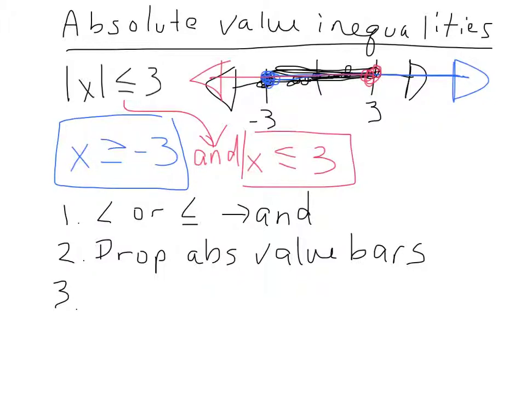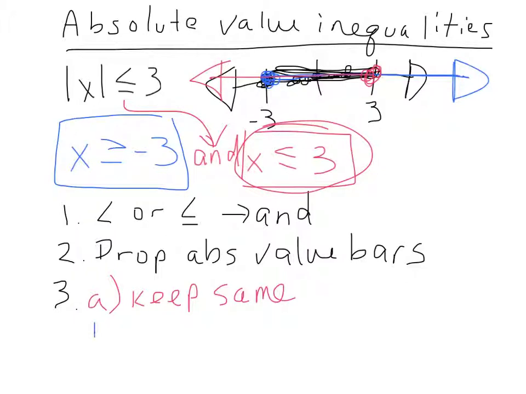So one equation, the red equation, I'm calling that A, since that's the easier one. All you did was drop the absolute value bar, keep everything else the same. But for the blue equation, what do we do?